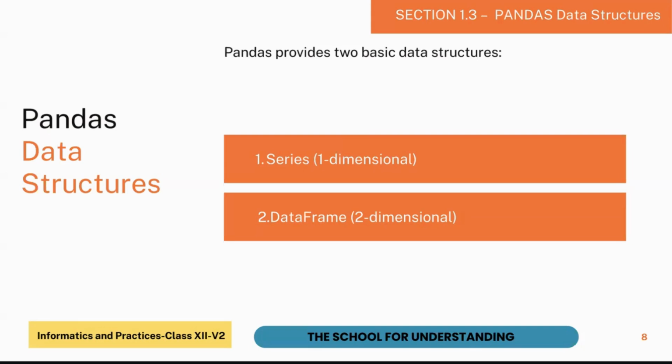The first is Series, which operates on one-dimensional data. The second is DataFrames, which operate on two-dimensional data, having rows and columns. These are the two data structures that Pandas supports, and we will be focusing mostly on them.